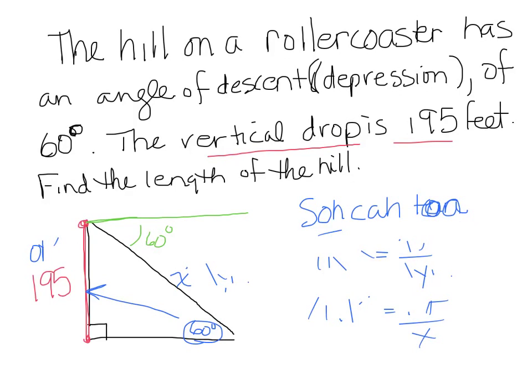That would be x is equal to 195 over sine of 60 degrees. Be very careful that your calculator's in degree mode, but other than that it should be simple to find that answer, and it would be in feet because the 195 had been in feet already. Alright, so hopefully this is a review for you and a reminder of those angle of depression and angle of elevation. We'll try to do some more in class.